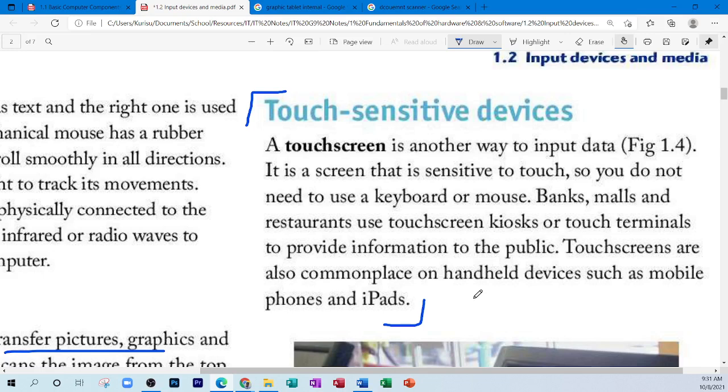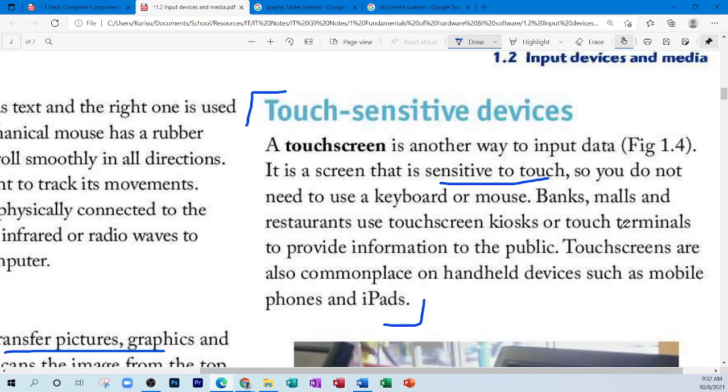Touch sensitive devices. A touchscreen is another way to input data. It is a screen that is sensitive to touch, so you do not need to use a keyboard or mouse. Banks, malls, and restaurants use touchscreen kiosks or what's it, sir?